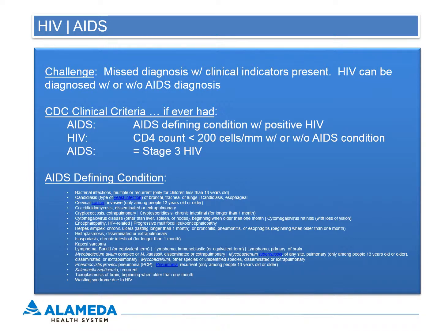They have HIV if they have a CD4 count that's less than 200, and they can have that with or without an AIDS defining condition. And AIDS is also defined as stage 3 HIV. So if you've ever seen in the history of a patient coming in with stage 3 HIV, that is AIDS. And a lot of times you'll also see in the history of a patient that they're on heart treatment.